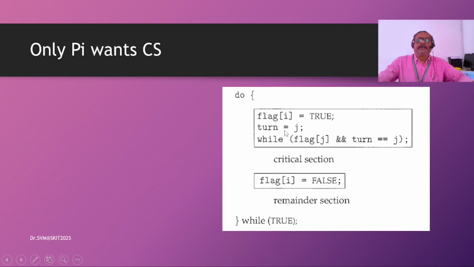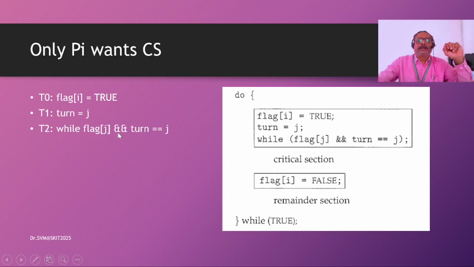In that case, this is the code for the Pi. First flag I becomes true, then turn becomes J, then while flag J and turn equal to J. We have said that only process I wants to enter into the critical section.